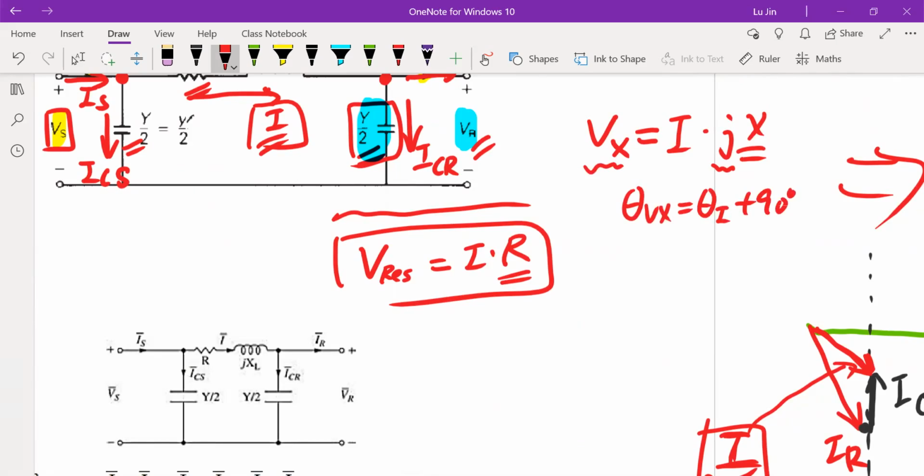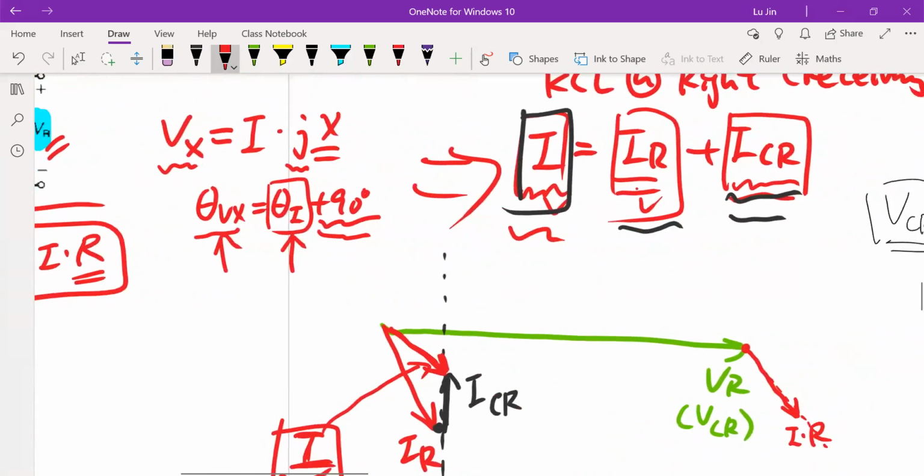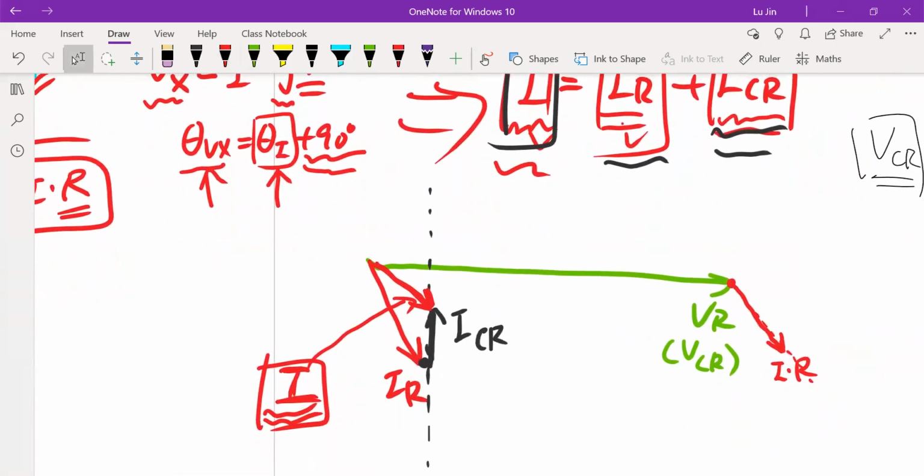That means the voltage angle regarding this reactance must be 90 degrees leading than the angle of the current. In other words, if you already know the angle of the current, the voltage across the reactance must be 90 degrees leading. In this phasor diagram, we already know the angle of the current is the angle of this vector, which is also the angle of this vector.